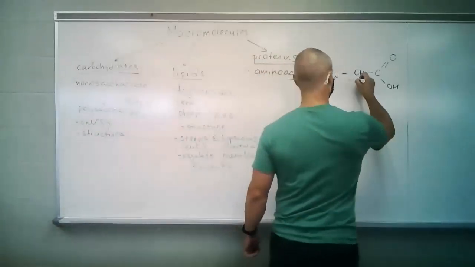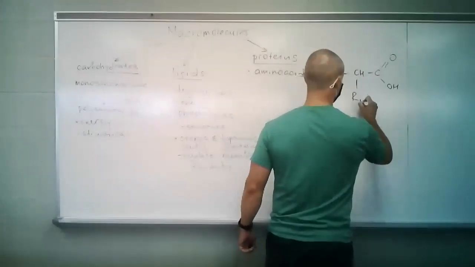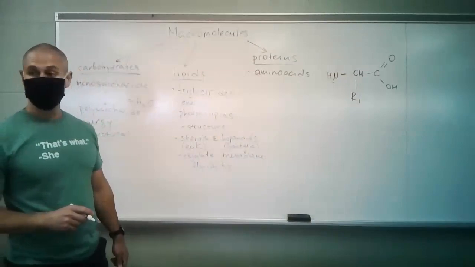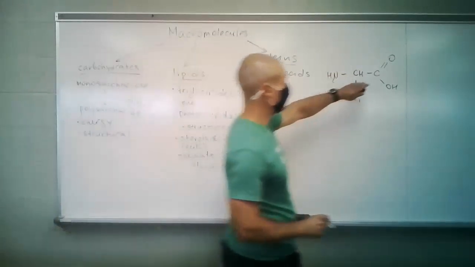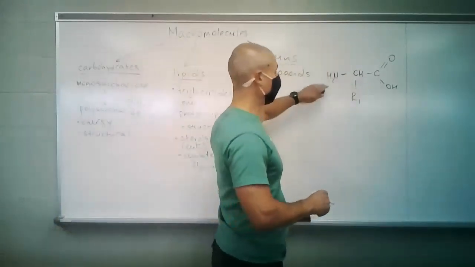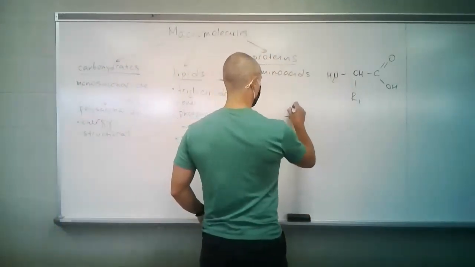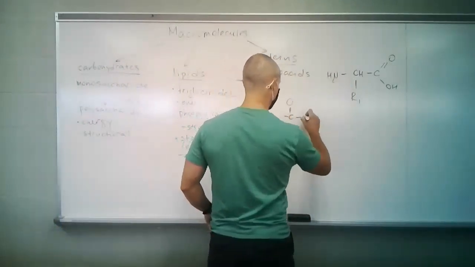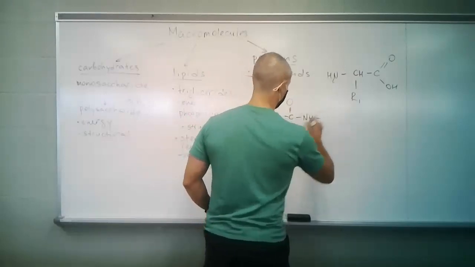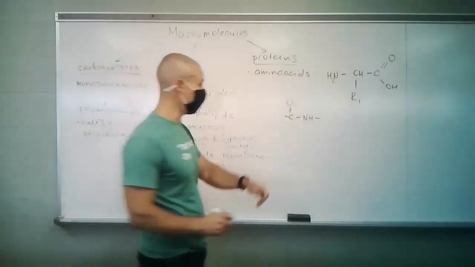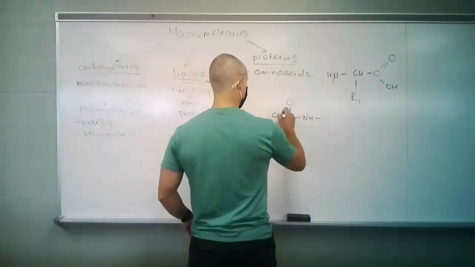And it also is bonded with the side chain of the amino acid. Now, this acid group and amino group can form what is called a peptide bond. Okay? That's a peptide, but this is how amino acids are connected.